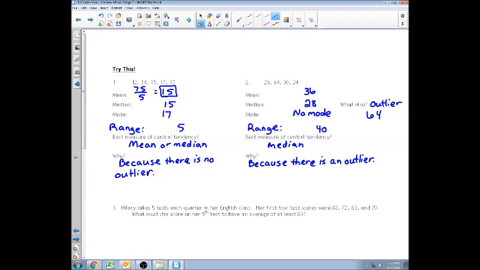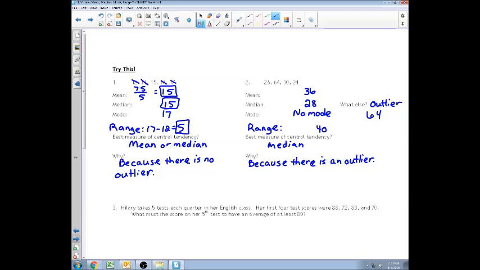Okay? For the median, they're already in order, so I can just cross off 12, 17, 14, 17. The center number is 15. For the mode, 17 is the only number that repeats, so that's how we got 17. And for the range, we would take 17 minus 12 to get 5.